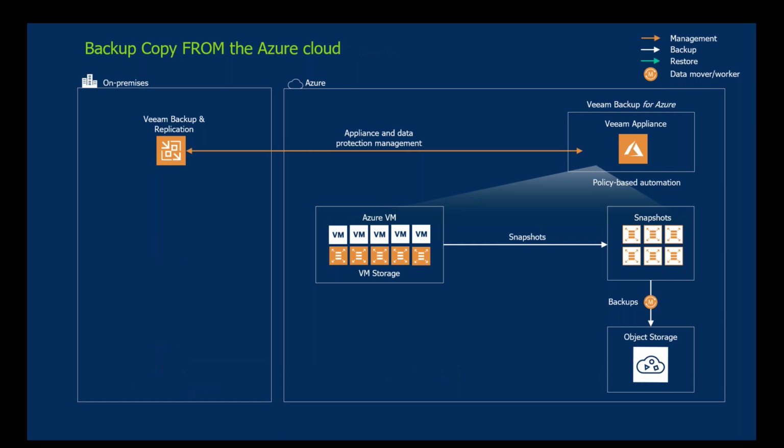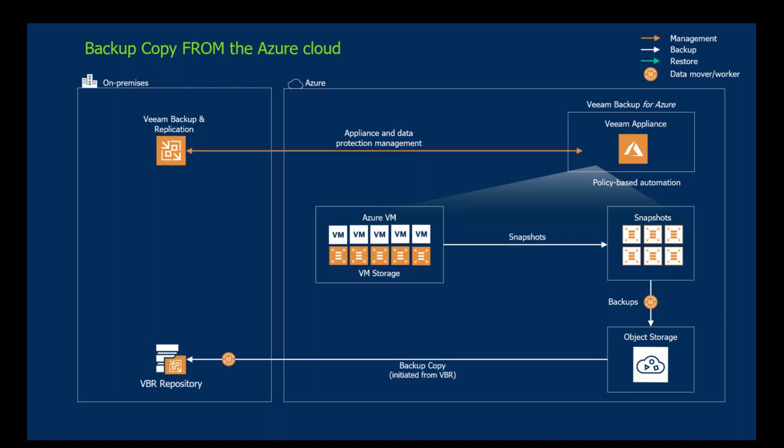Backup copy from the Azure cloud, of course, is an option. This is mainly just to stir up use cases and possibilities, things you can make your customers aware of: what is possible when they're using the public cloud and how to back up, what kind of backups they can do from on-prem to Azure, the other way around, and also to other public clouds.